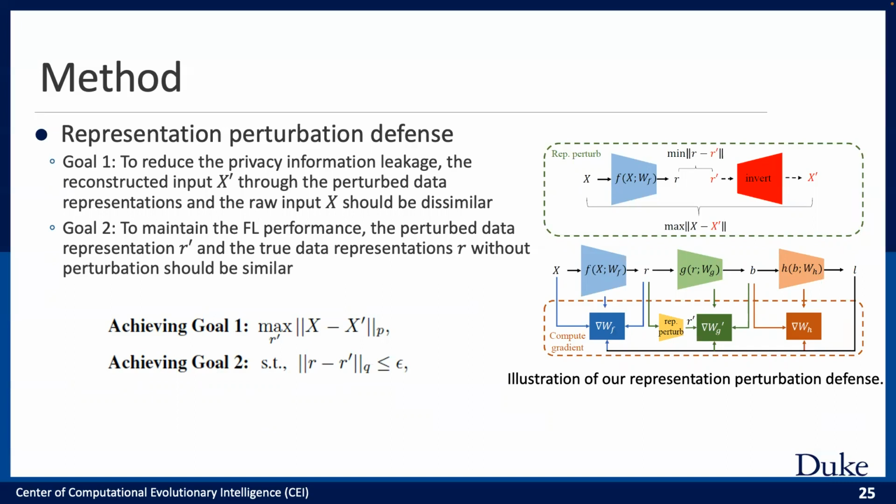The perturbed data representation and the true data representation without perturbation should be similar, because we don't want to apply larger noise, and that becomes the metric for the perturbation. So you can imagine that we try to minimize one thing and maximize another thing. That's basically what we're trying to do.